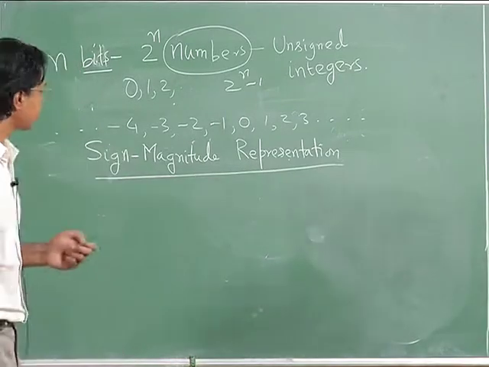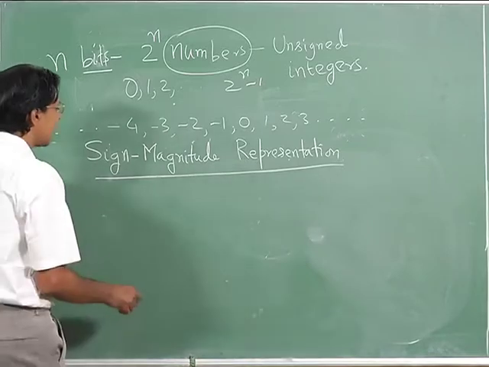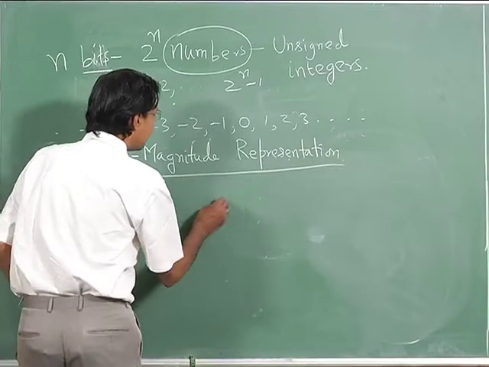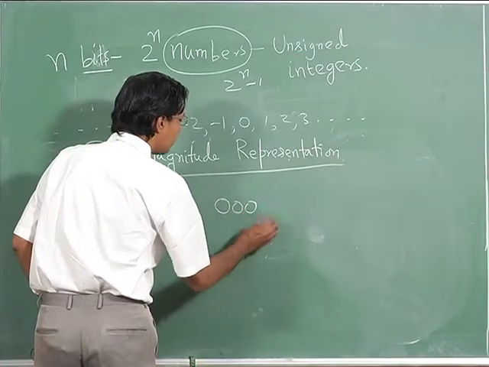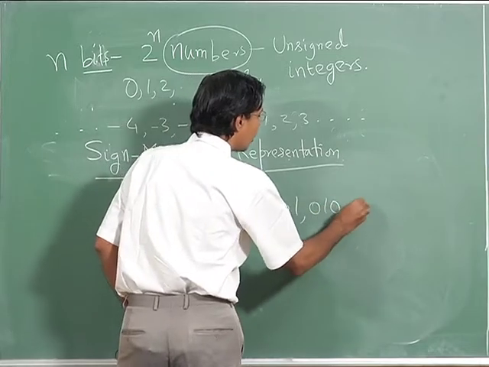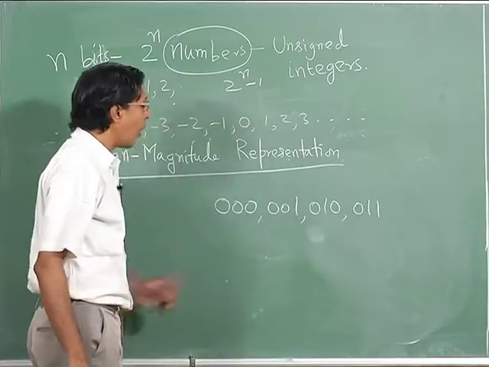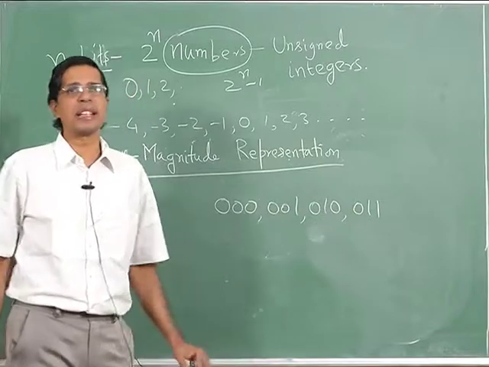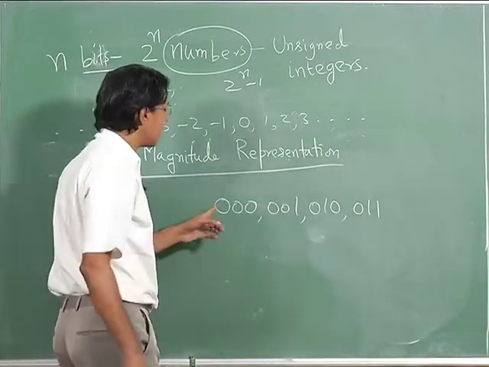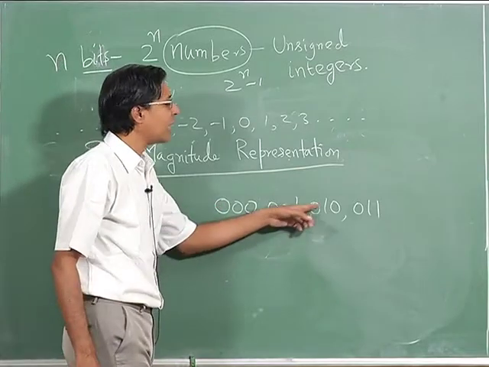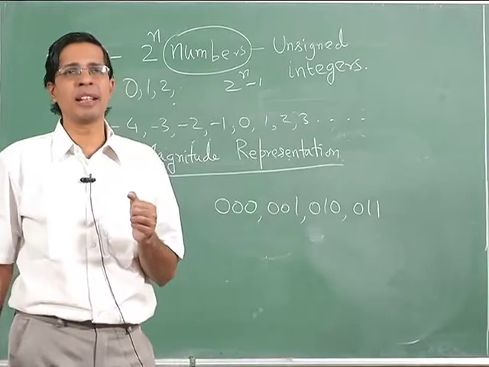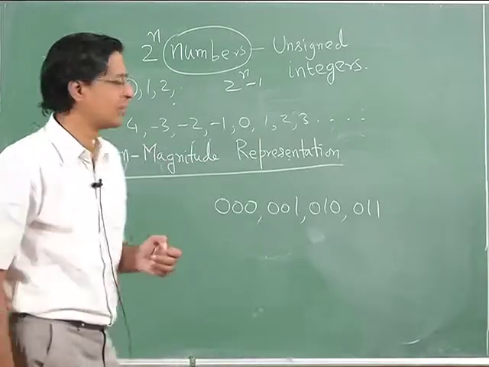So let us take this 3-bit example. I have 0 0 0, 0 0 1, 0 1 0, 0 1 1, all of them will represent positive numbers because the most significant bit is 0, and I say if it is 0, the sign associated with that number is plus.